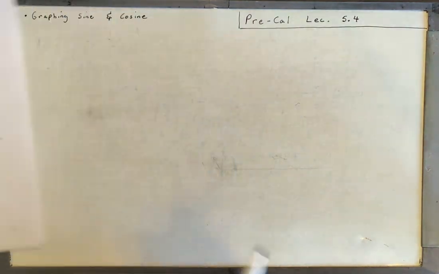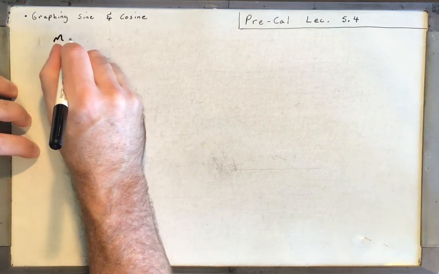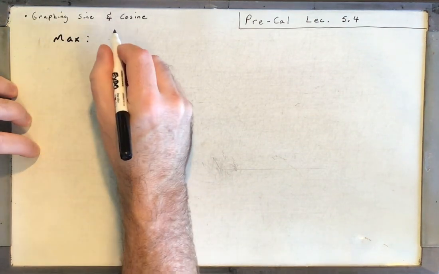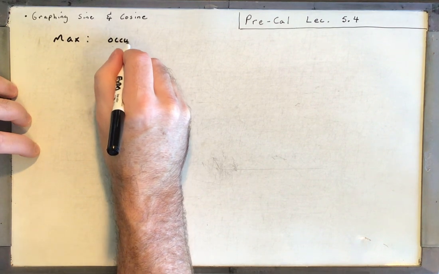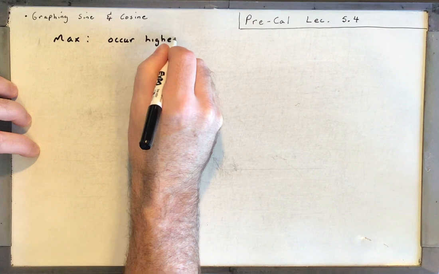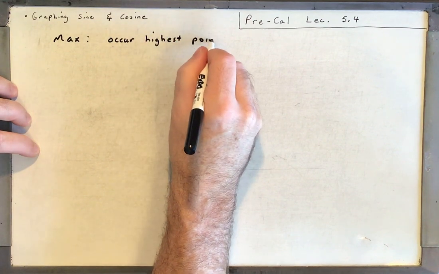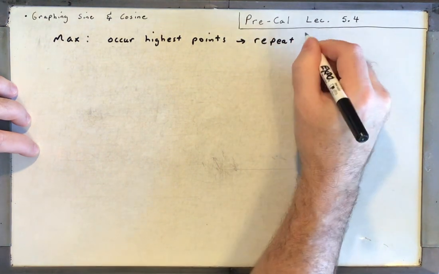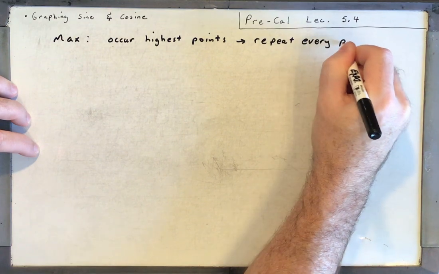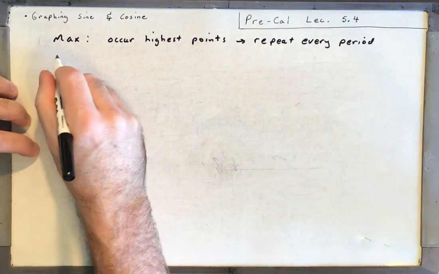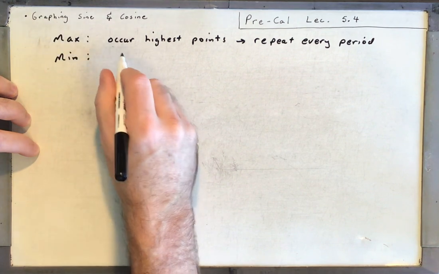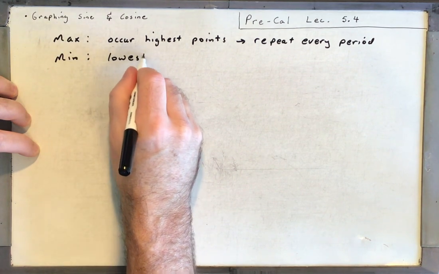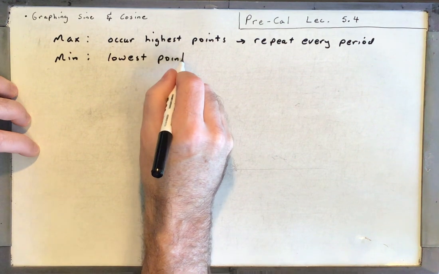All right, some of the important parts on page 3 of your notes. Maximums occur, those are your highest points, your biggest y values. And it's important to memorize, they repeat every period. Minimums, those are your lowest y values or lowest points on the graph.